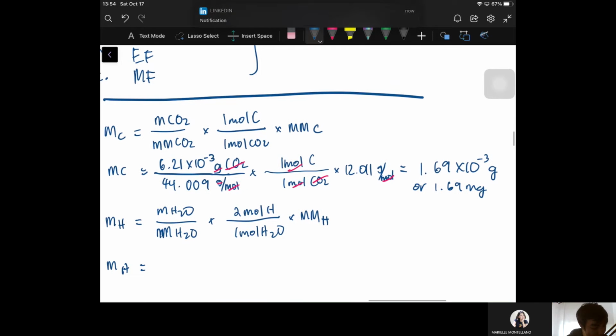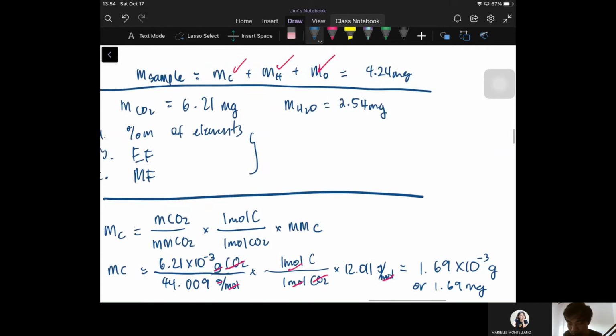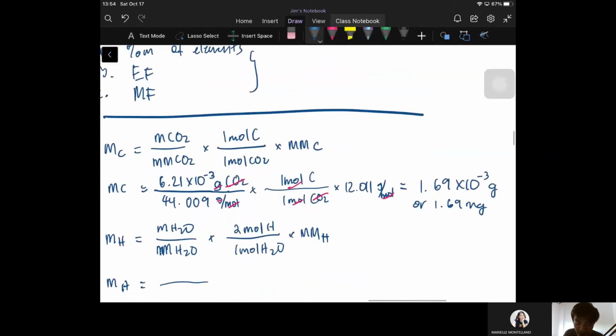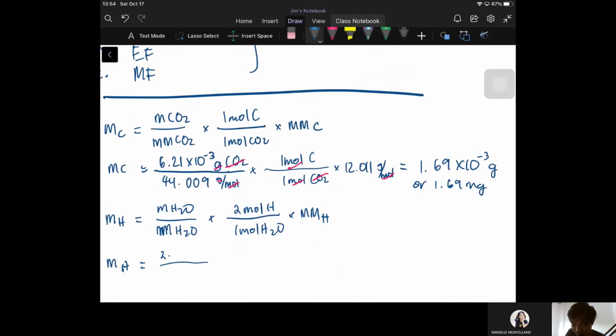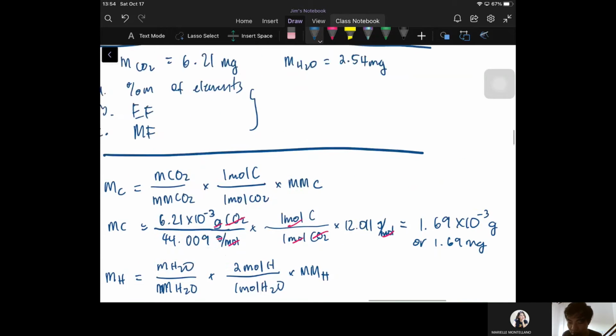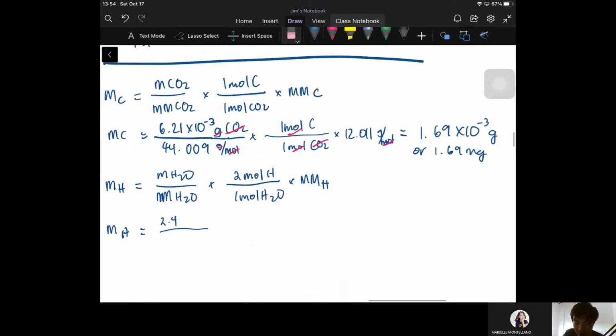Hydrogen naman tayo. Mass ng water, ano sabi dyan? 254 times 10 raised to negative 3 lang yon. Ayan na yun. 2.54. So, kailangan i-divide ulit sa 1,000 kasi milligram yun eh.